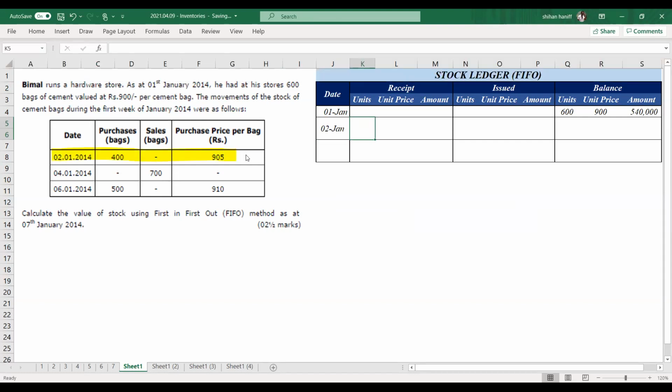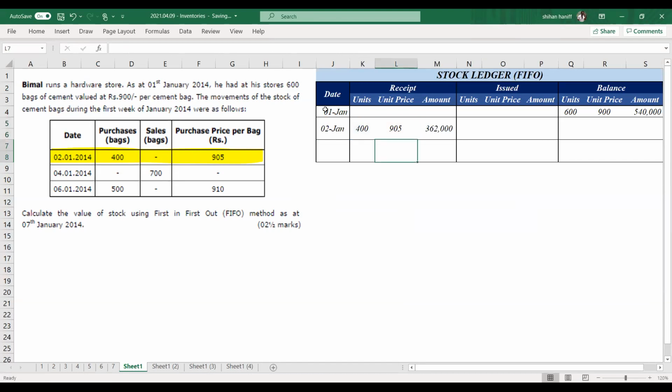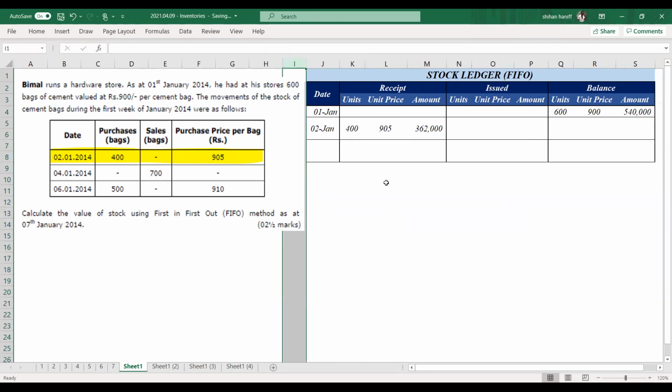Receiving 400 bags, that is purchases. 400 bags, unit price is 905. So the amount will be 400 into 905, that comes to 362,000. At the beginning you had 600 units at 900, purchased 400 units at 905.